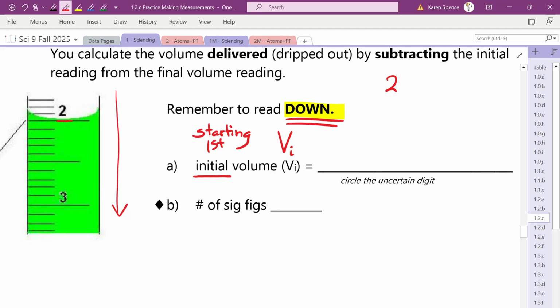It could be 2, or 2.0, or 2.00. What I would like you to do is talk with your partner, or with yourself if there's nobody beside you, and let them know which one you think is correct based on the measuring device.